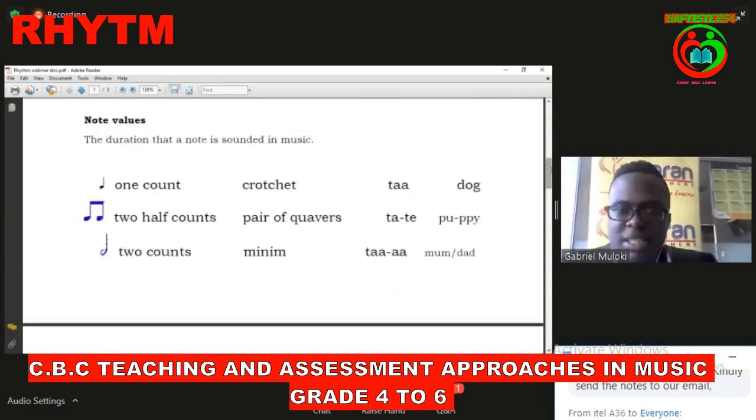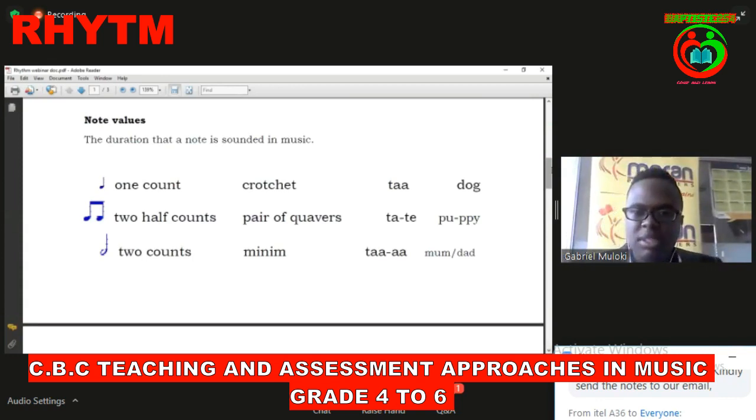For easy understanding of these rhythms, the French rhythm names might be too advanced for the learner, because the crotchet beat is only one count. Ta, ta, ta, ta, ta, ta. So you as the teacher need to find a substitute for this French rhythm which will easily appeal to the learner.